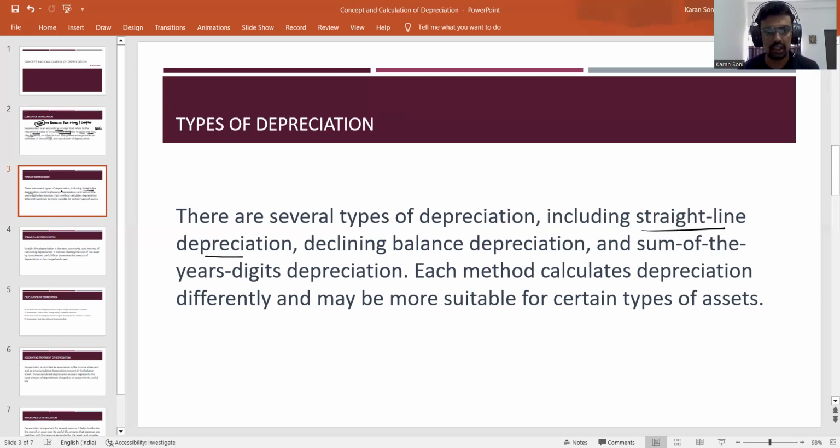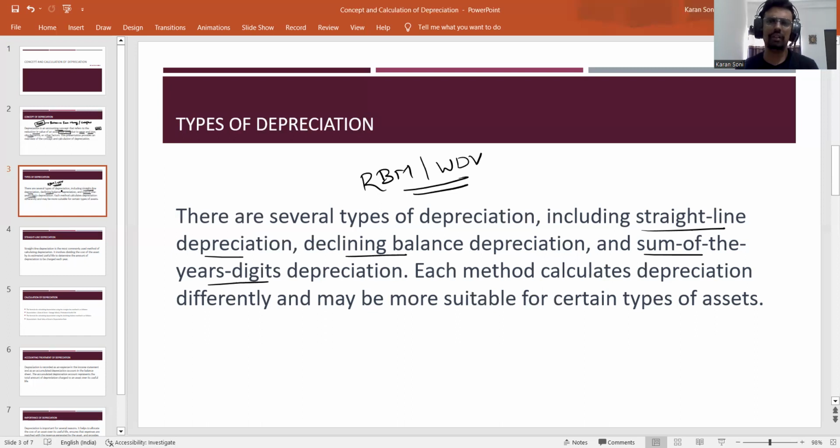Okay. Next, declining balance method. We can also say it as a reducing balance method, or written down value method. We will learn about it, don't worry, in the upcoming sessions only. And next one is the sum of the years digit method.